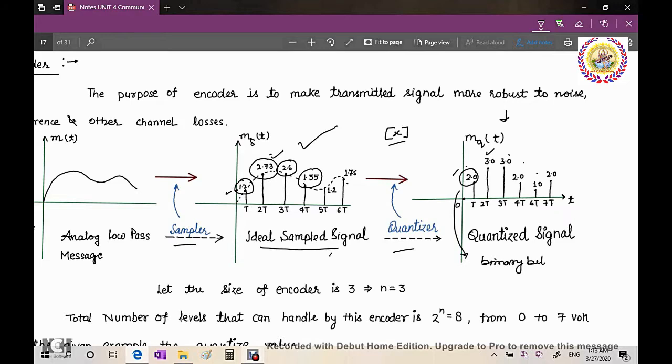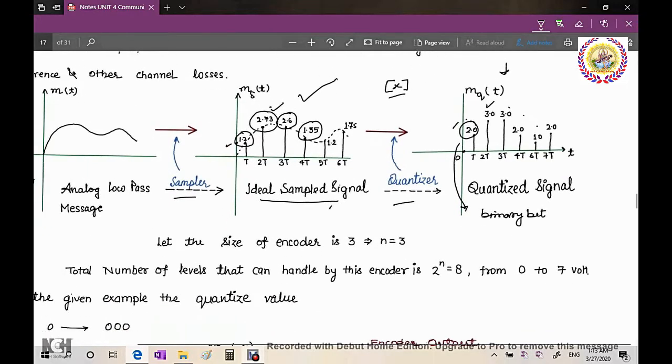For example, if the encoder is of 3 bits, then the equivalent output will be 0, 1, 0, that's it. And then after 2, the voltage 3 is transmitted, and the equivalent value will be 0, 1, 1, so the stream is 0, 1, 0, 0, 1, 1, and so on. This is the transmitted data after the encoder.